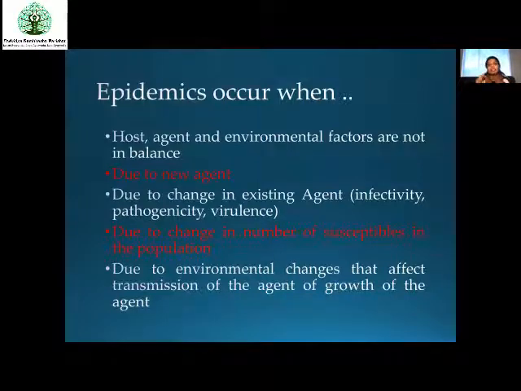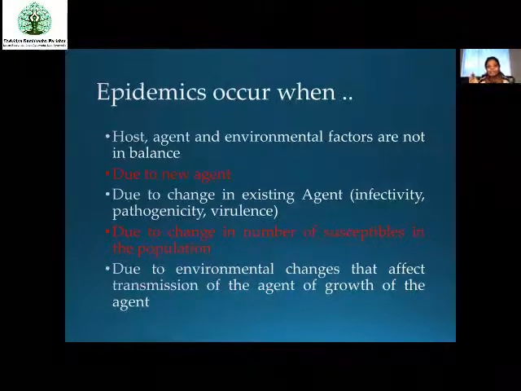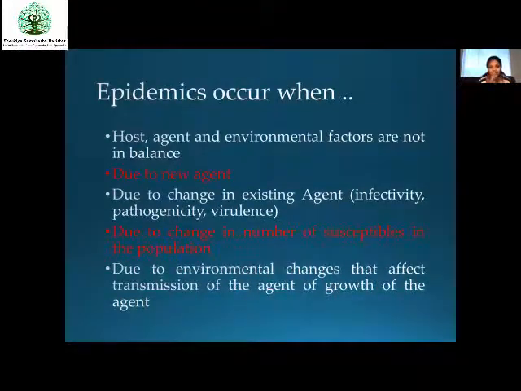The environment can stay in a very peaceful way, in which agent is also there, host is also there, but they are not interacting all three together. Host can also stay inside and can have cordial relations with the agent and the environment, never interact all three together. So I hope you understand when the epidemics occur.